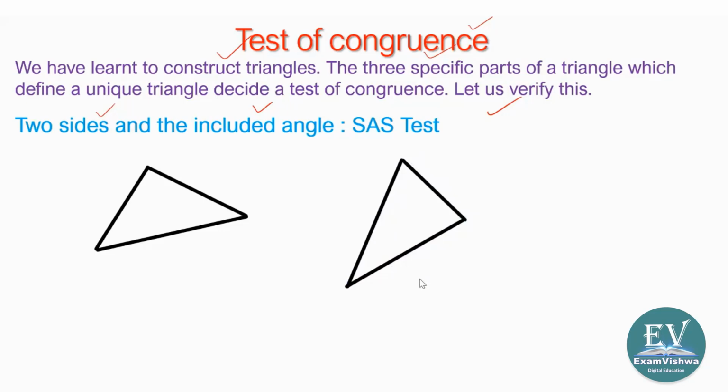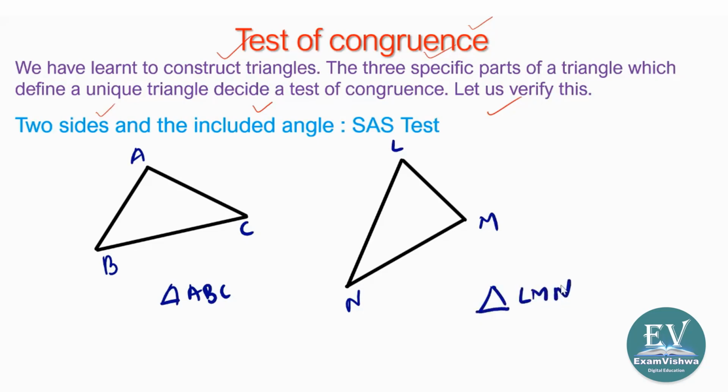Roughly drawn, not by measure, I am naming this triangle L here, M here and N here, and I declare that these two triangles can be named as triangle ABC and triangle LMN.